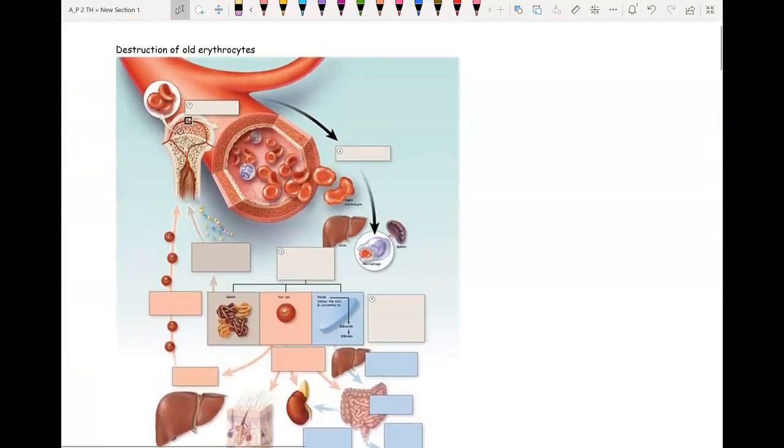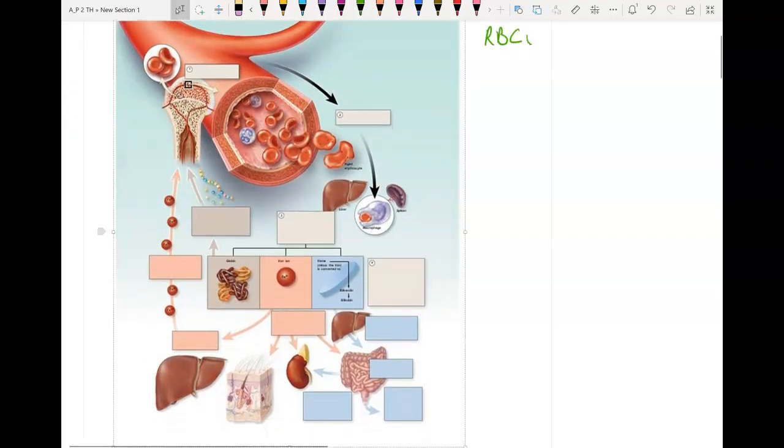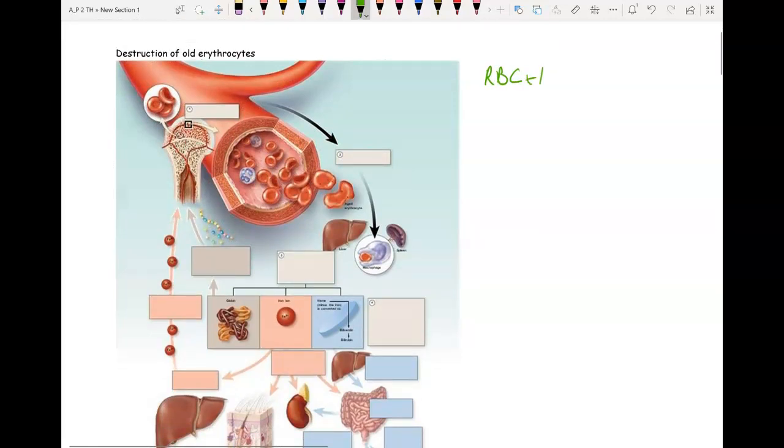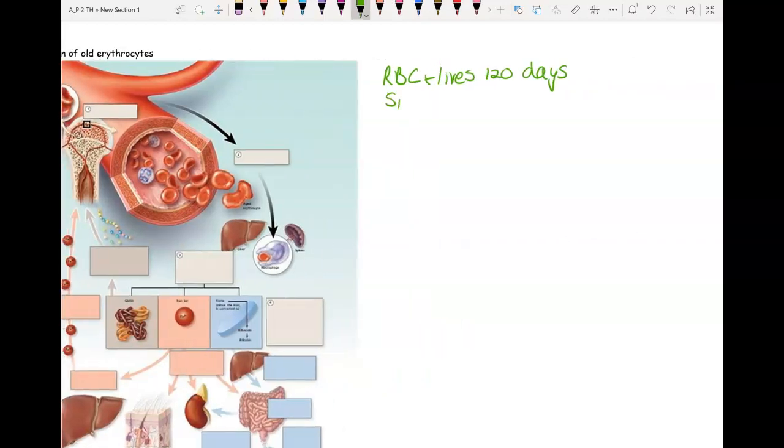So if you'll remember, a red blood cell has a lifespan of about 120 days. The reason for this limited lifespan is because of spectrin. Think back to earlier in the lecture.